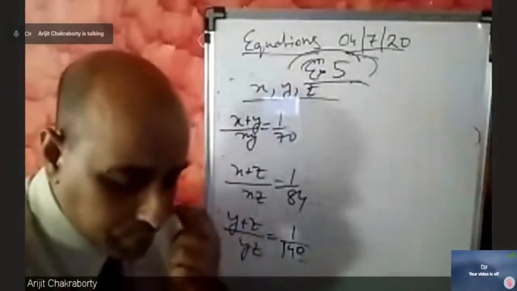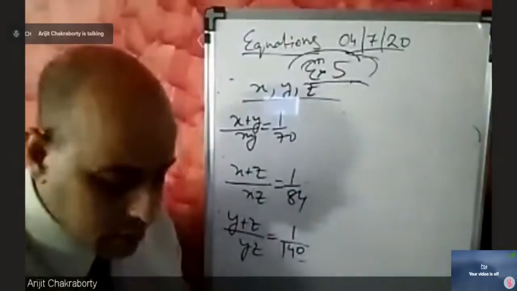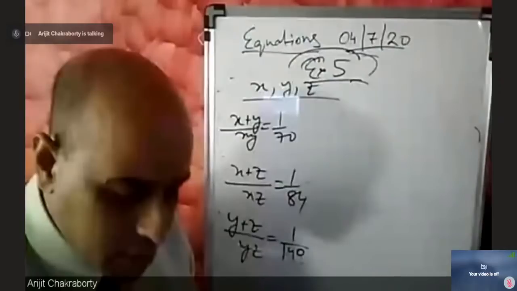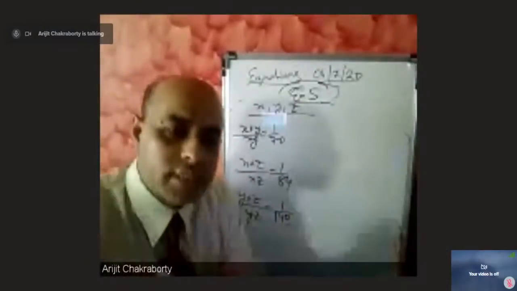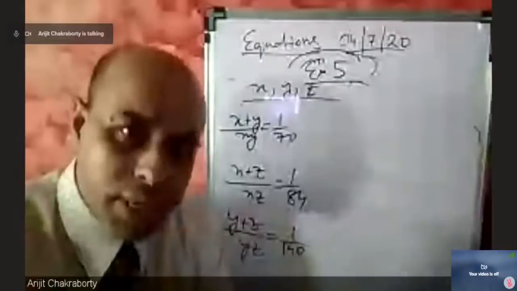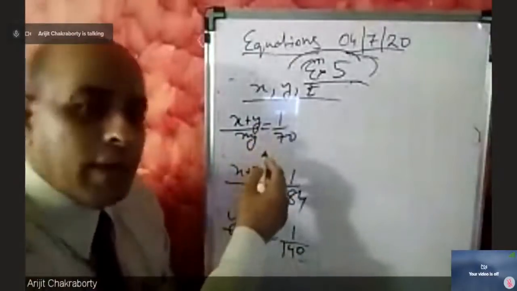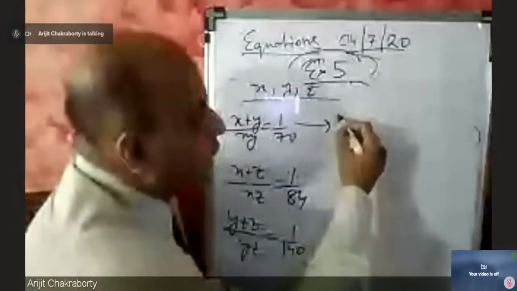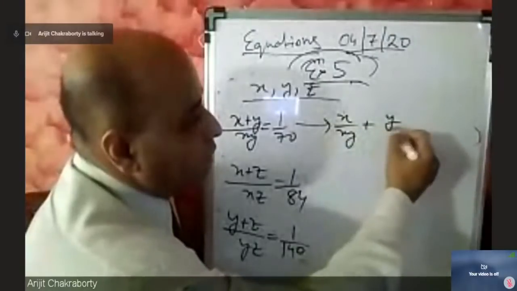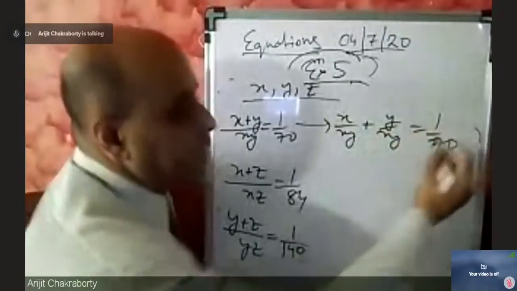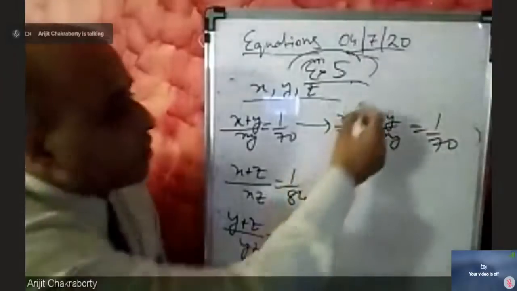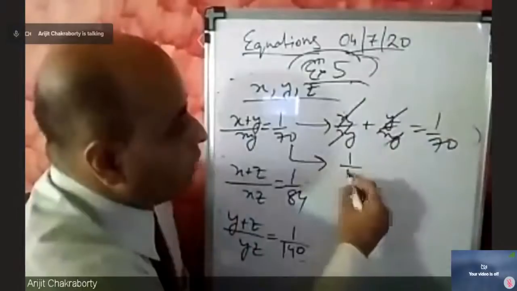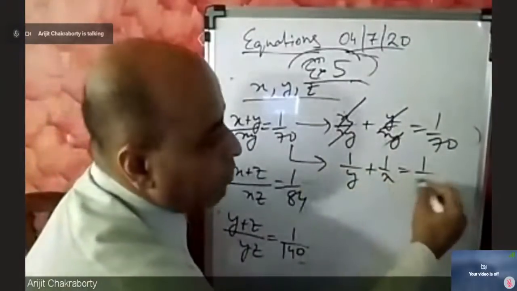Now, let us see this particular case. This is one of the best suited problems for our practice in CA Foundation preparation for the exam. Now, x plus y by xy, if you split it, you get x by xy plus y by xy equal to 1 by 70. And now, if you cancel x and x, y and y, you simply get 1 by y plus 1 by x equal to 1 by 70.